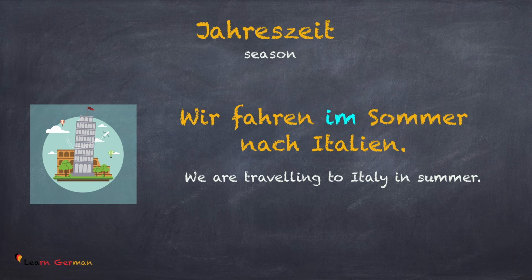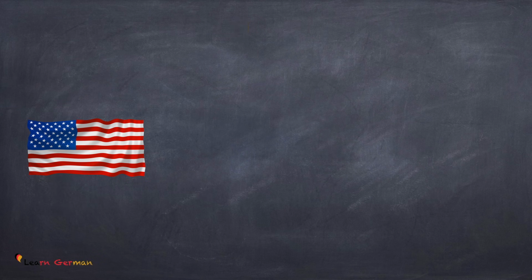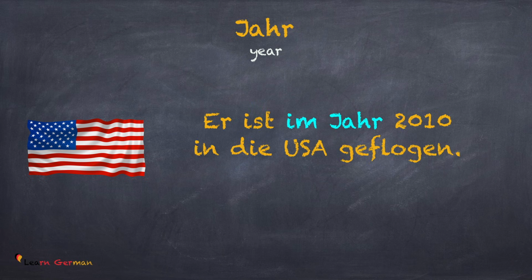If you want to learn the names of months and seasons in German, you can watch our videos on the same. The link is given below in the description. Im can also be used with Jahr, but you have to use it like this. Er ist im Jahr 2010 in die USA geflogen.